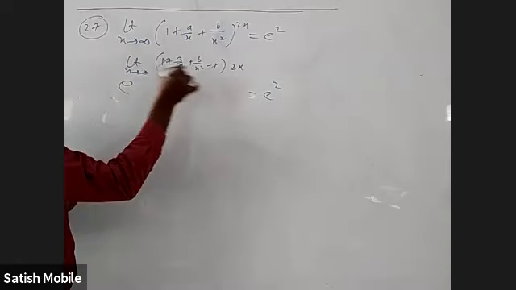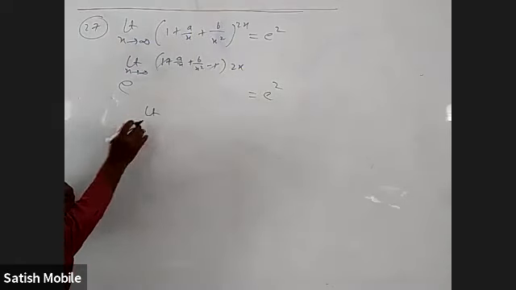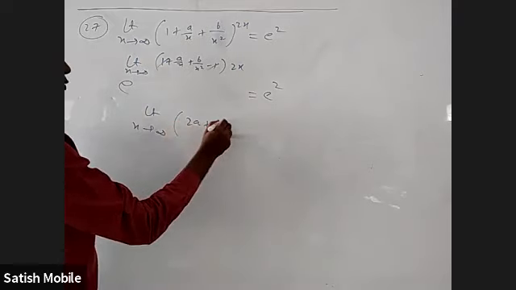Okay, now we can cancel 1 and take 2 inside. Power, you can even remove e. Limit x tends to infinity, 2a plus 2b by x equals 2.